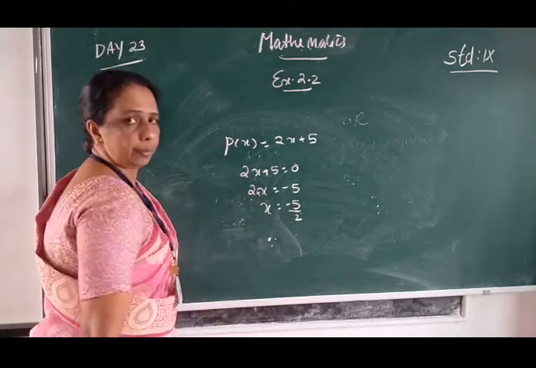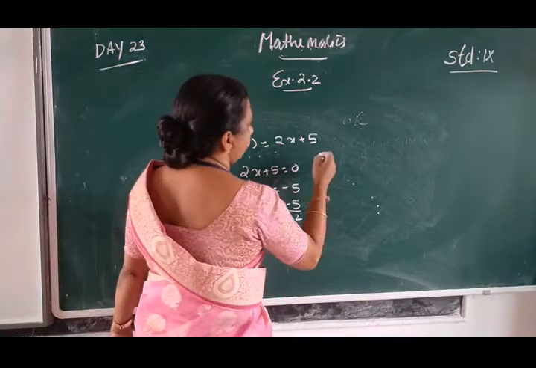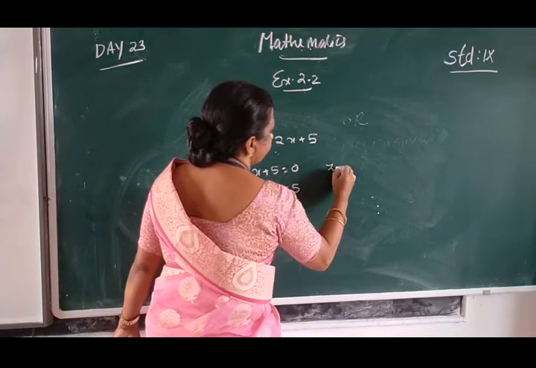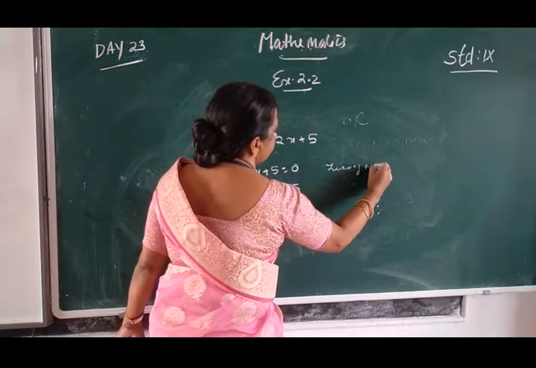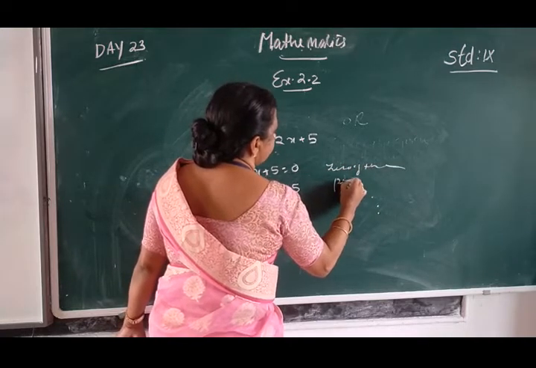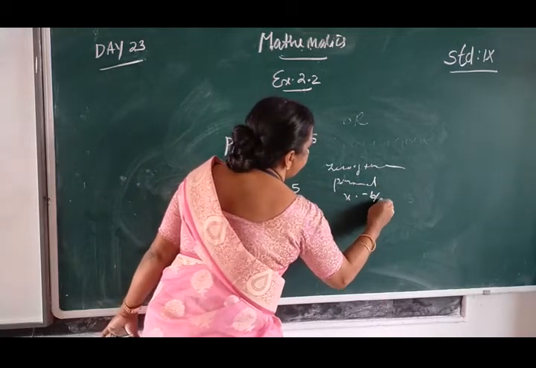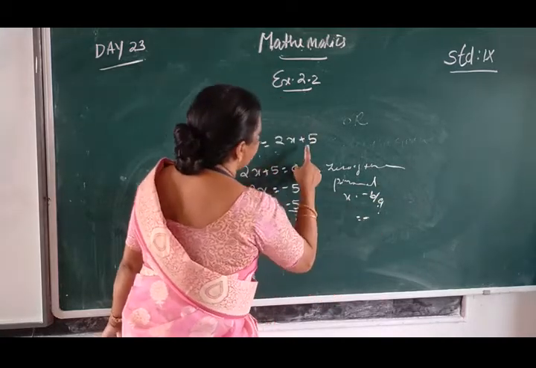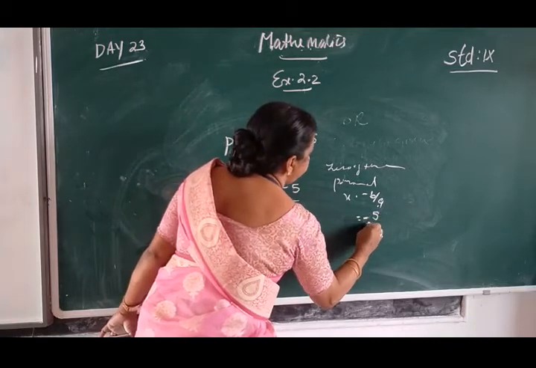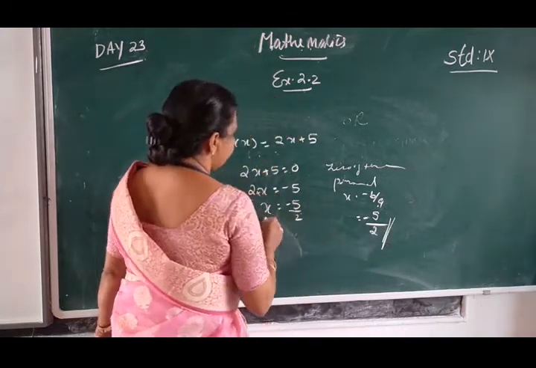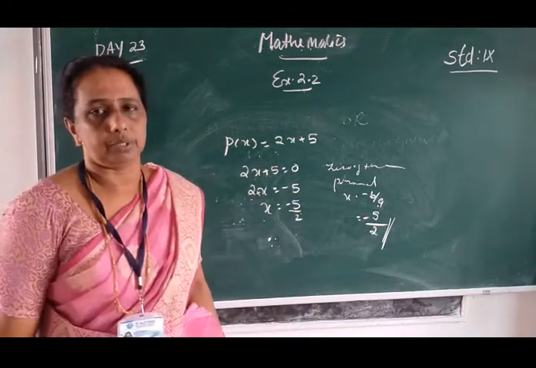Or we can use the formula, the 0 of the polynomial x is equal to minus b by a. X is equal to minus, what is the constant? 5 divided by a, the coefficient of x, 2. Either this method or that method we can follow.